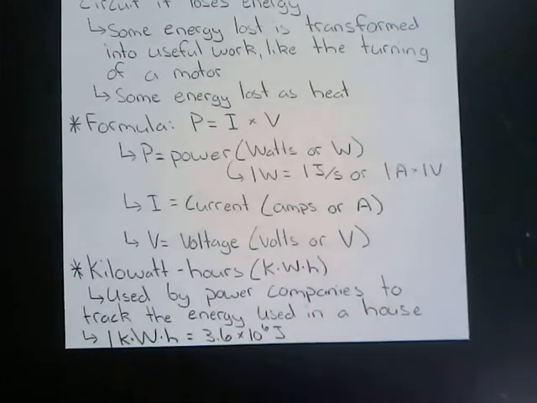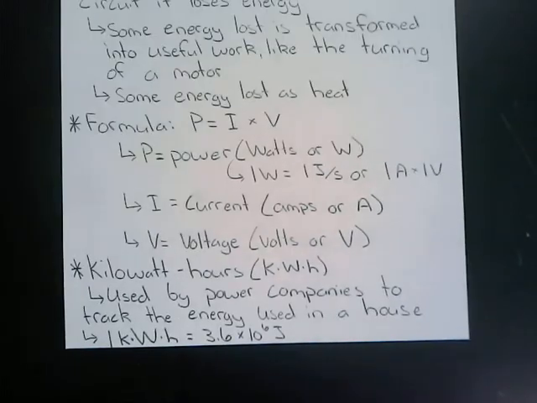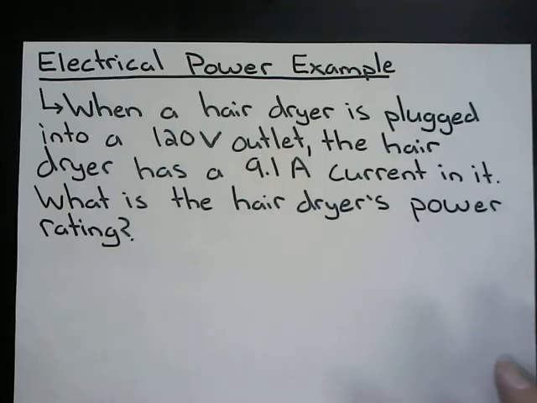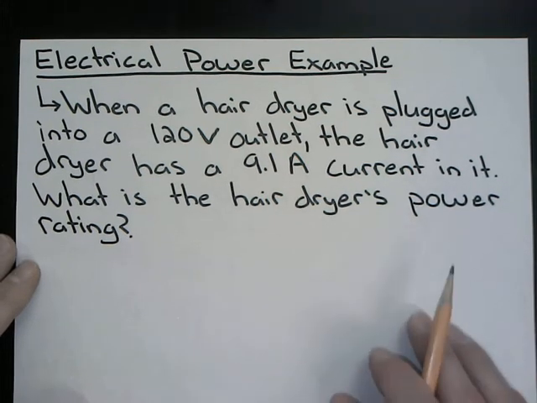Now, let's put this formula to the test and solve our next example. In this example, a hair dryer, which is a typical thing that is used fairly often, is plugged into an outlet that has 120 volts.